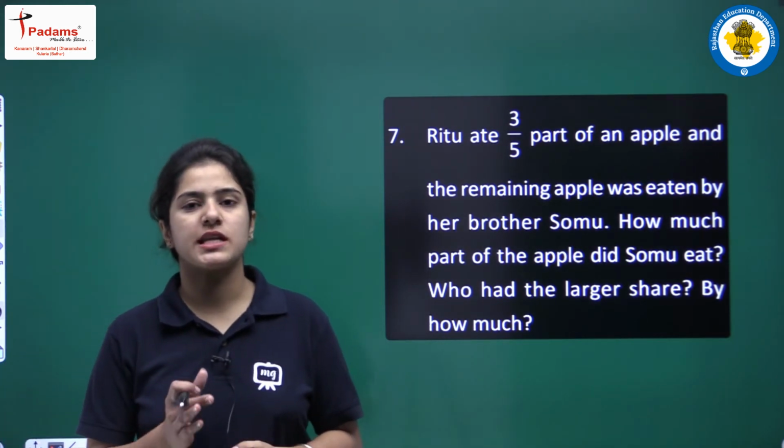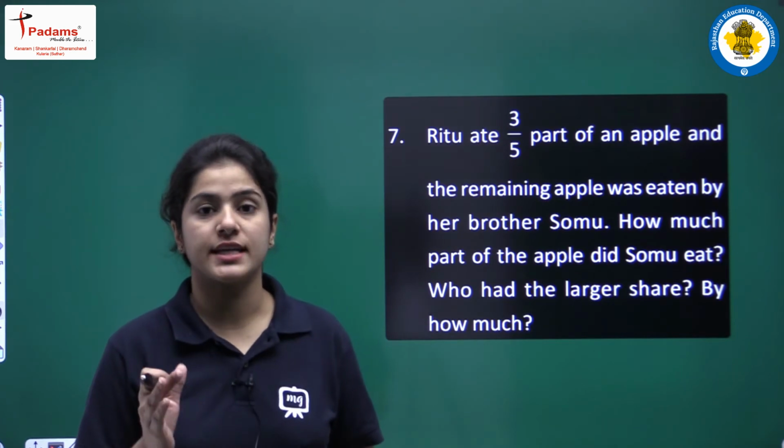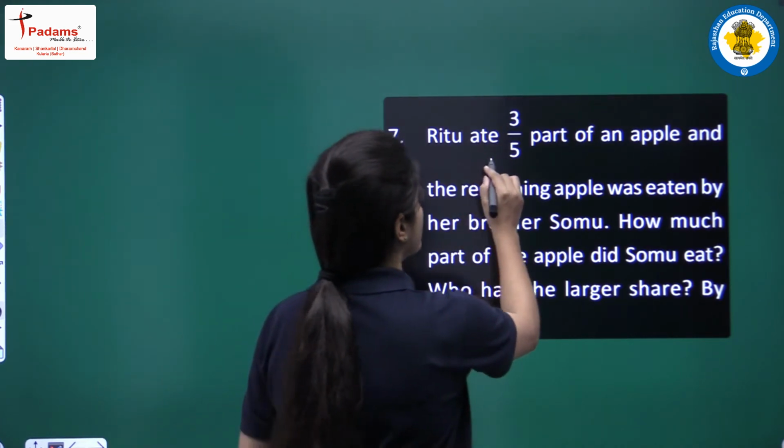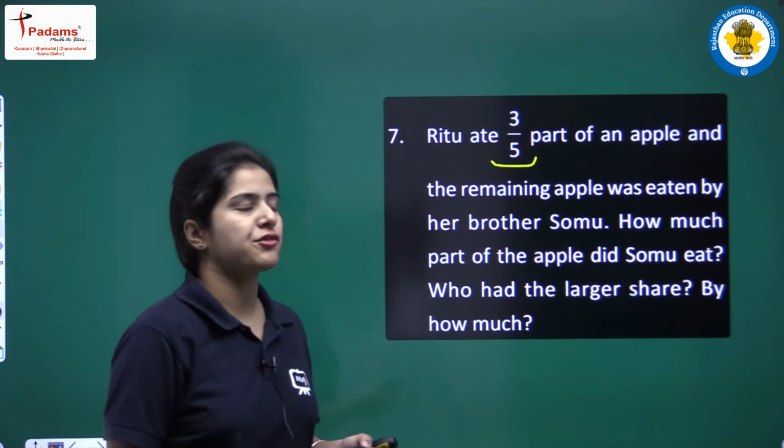In this question, students, it's clearly mentioned that Ritu had 3 upon 5th part of an apple.